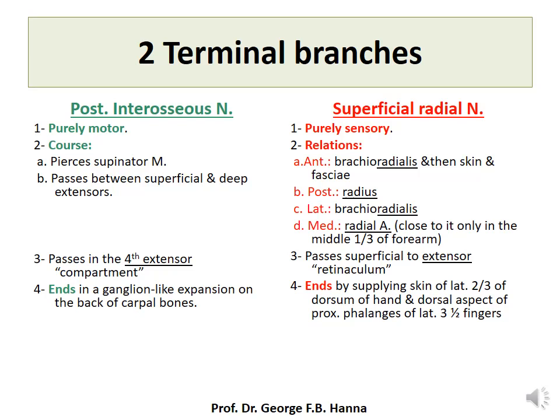If you compare it to posterior interosseous, it passes also in an extensor, superficial to extensor retinaculum. Posterior interosseous nerve passes in the 4th extensor compartment. Superficial radial nerve ends by supplying the skin of the lateral 2/3 of the dorsum of the hand and the dorsal aspect of the proximal phalanges of the lateral 3.5 fingers.